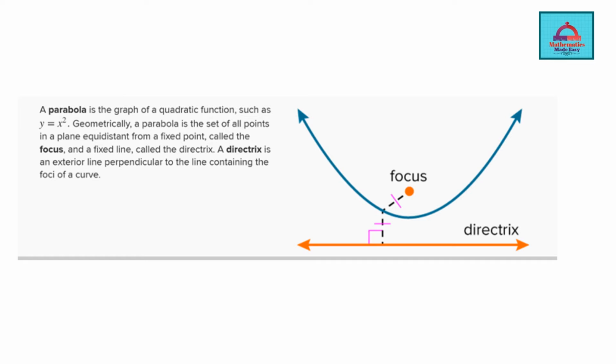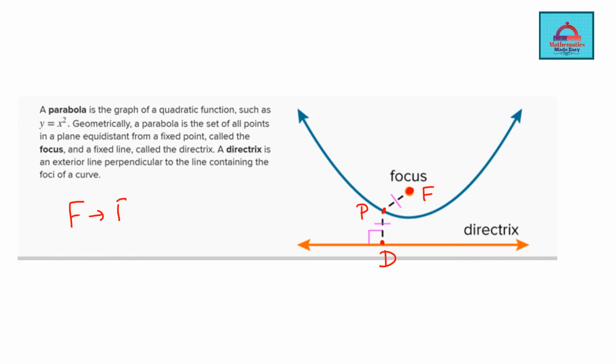And again, I've already defined this for you. Let me just mark a few things here which will make the concept easier. This dot, this focus, I'm marking with point capital F. This is any point on the parabola, so let me take point P, and this is a point on the directrix, so let me take it capital D. I hope you are able to see the 3 points F, P and D very clearly.